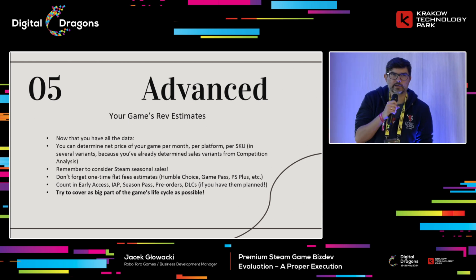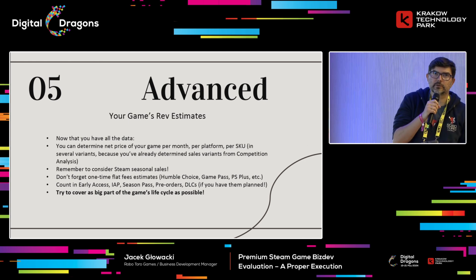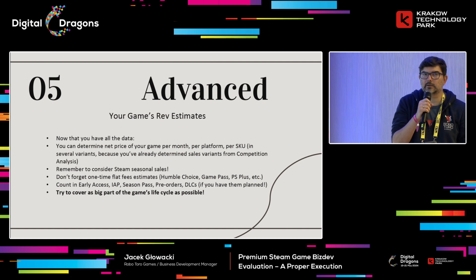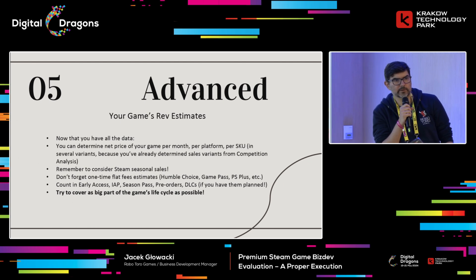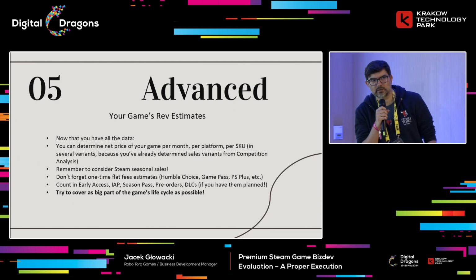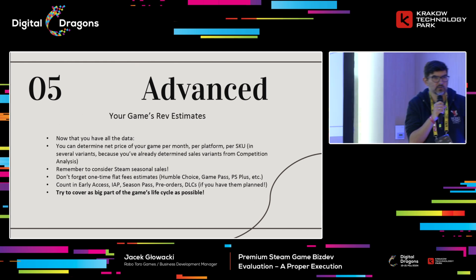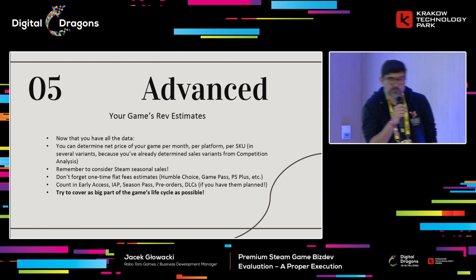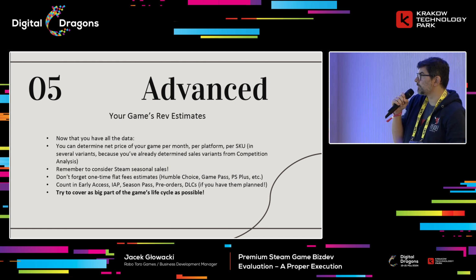I don't know what the rates are right now, but a year or 2 years ago, I was able to take between $40,000 and $80,000 from Humble Choice, for example, for a game. When it comes to Game Pass, indie right now is between $50,000 and $100,000, probably something like that. So yeah, it's important money to consider.